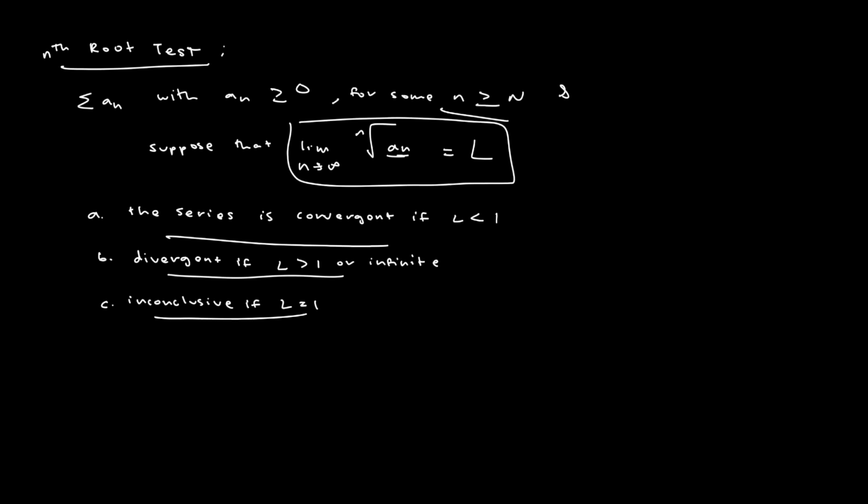Now, before covering all the tests, the final test that I want to talk about is the alternating series test. One thing you might have noticed is that all the previous tests that I covered have the precondition of the terms being positive, especially after some term n, or always having all positive terms.